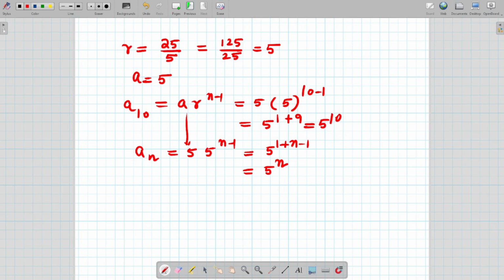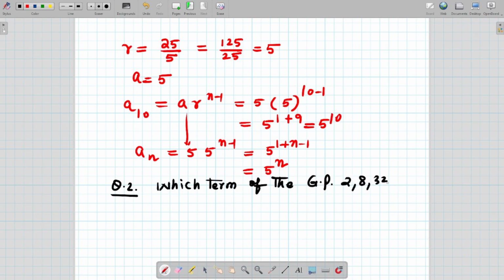Okay, यहाँ पे किसी को कोई डाउट हो तो पूछ लो. Let us take one more question. The question is, which term of the GP 2, 8, 32 and so on up to n terms is 131072?